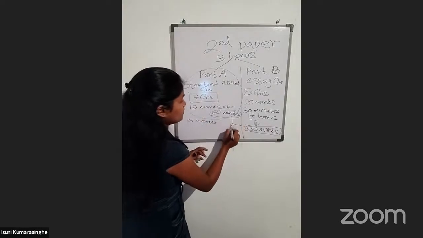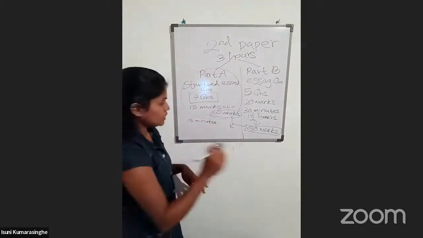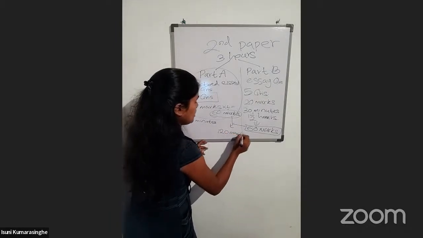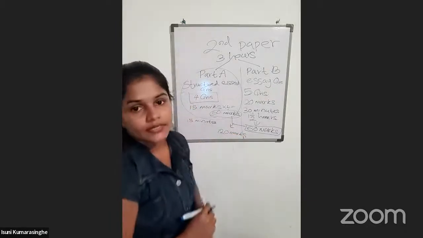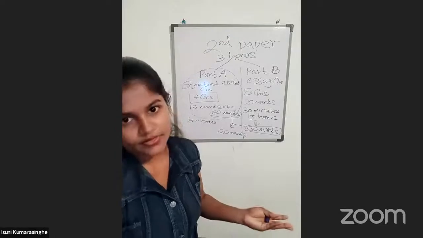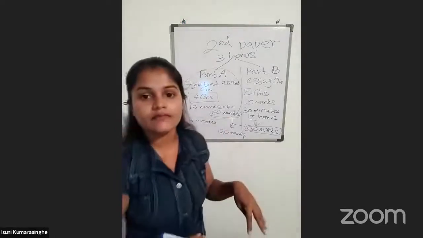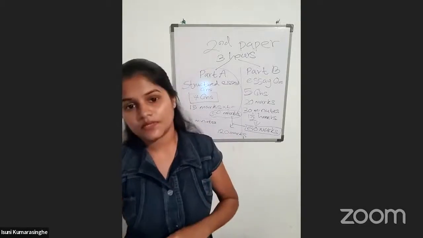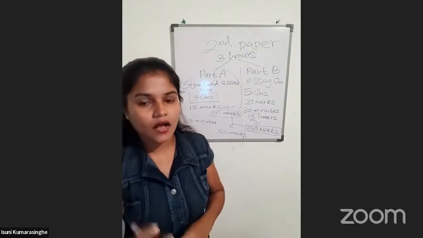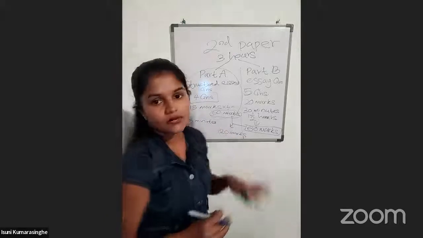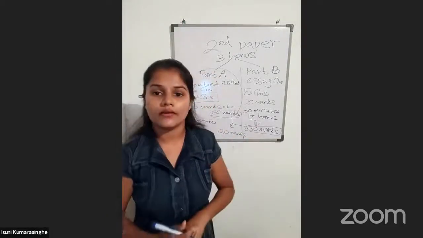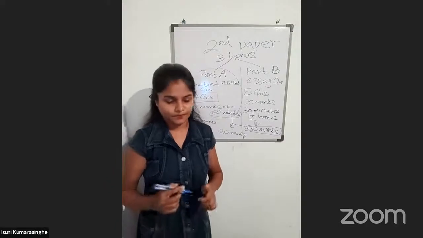That means for the second paper, in total you can get 120 marks out of 200. And the remaining 80 marks you can get from paper 1, the MCQ questions. That is how the 200 total marks is made when you write your O-level science paper.